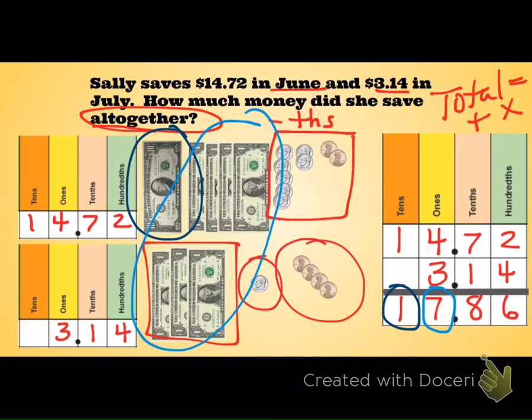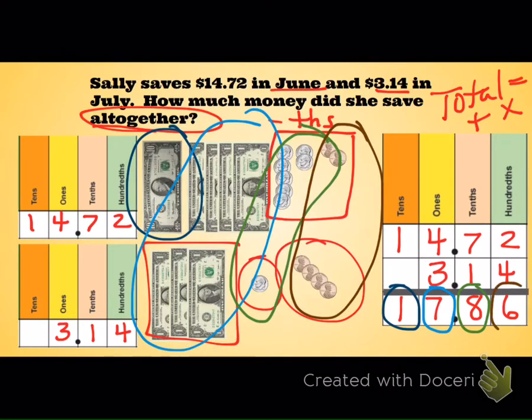We have the 8 dimes. I'll go ahead and use green for that one. So we got 8 dimes all together when we add that up. And finally, for the pennies, go ahead and use brown. We got 6 pennies all together. So you can see that with the modeling.